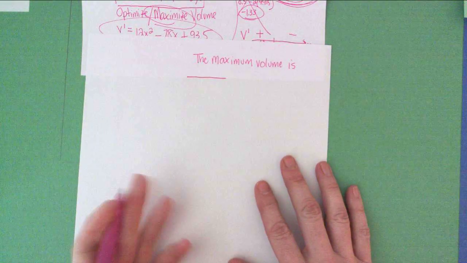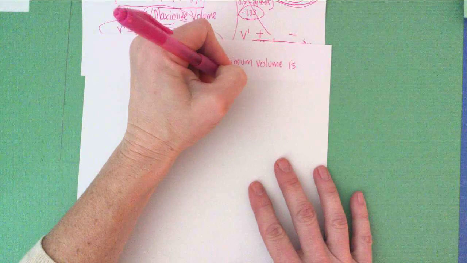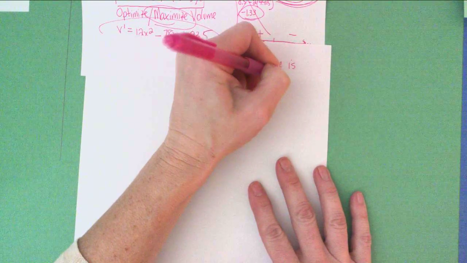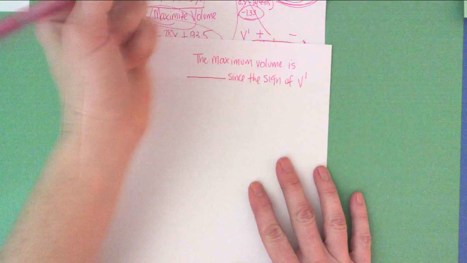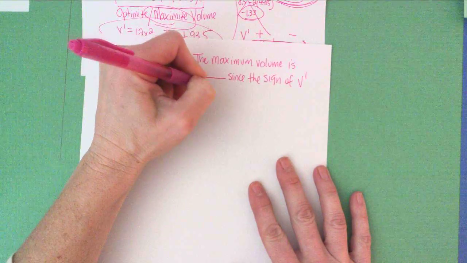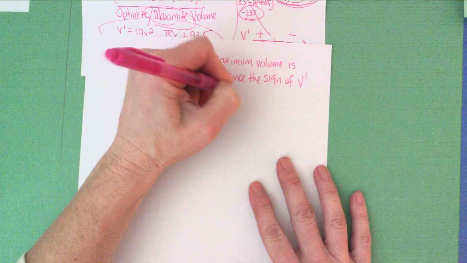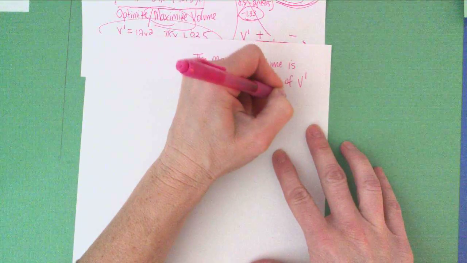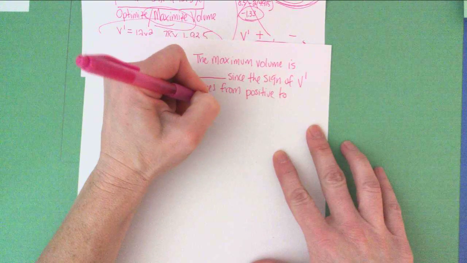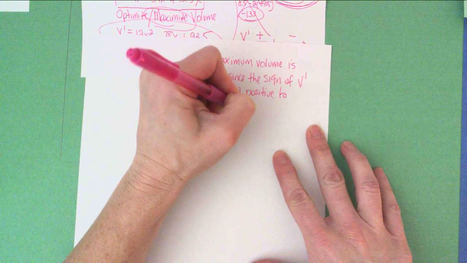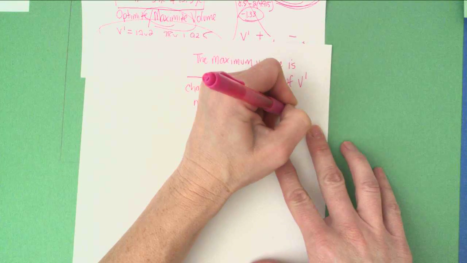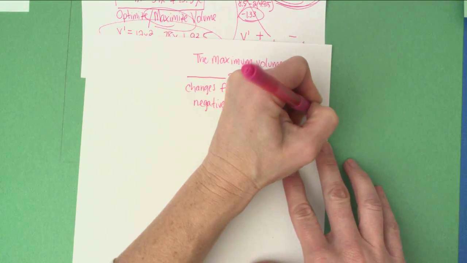So the maximum volume is blank since the sign of V prime changes from positive to negative when x equals 1.585 inches.